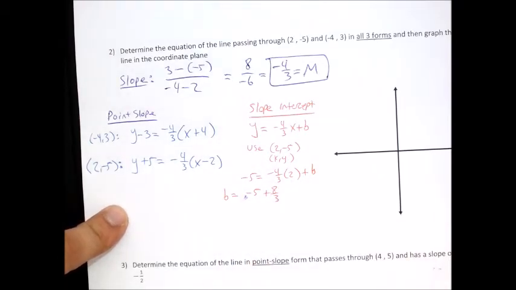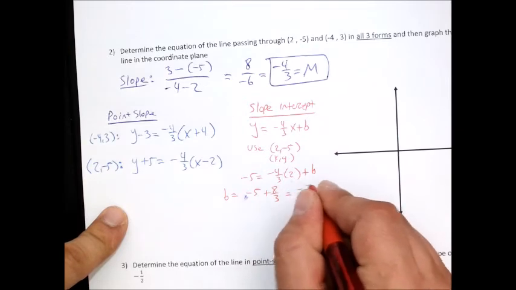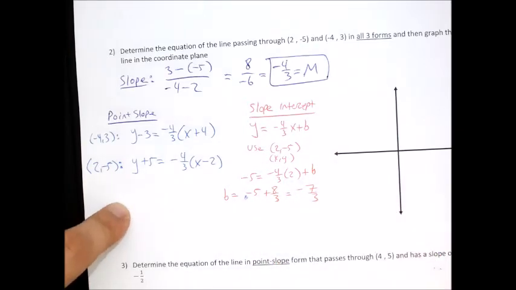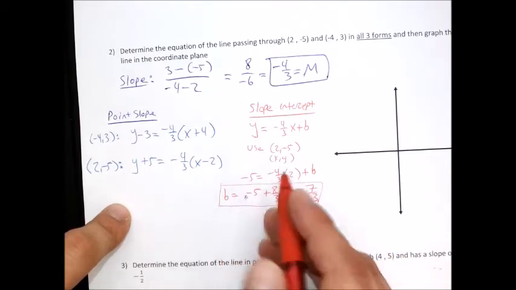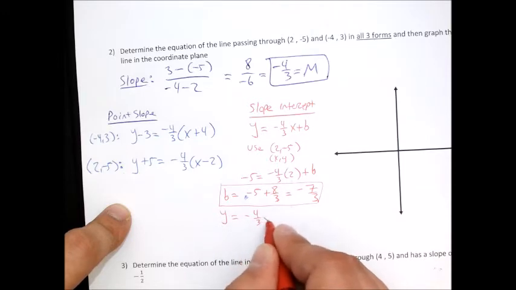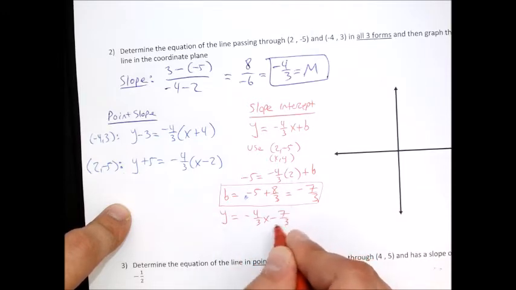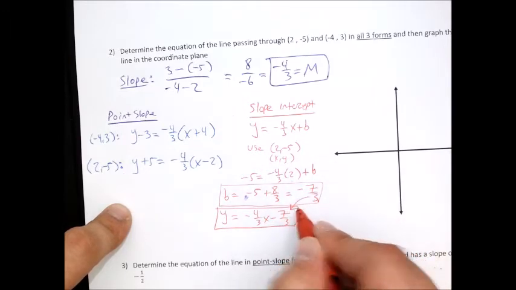So minus 5 becomes minus 15/3, right? Minus 15/3 plus 8/3 is minus 7/3. And so this is my b. And so then I just plug it back into the equation and we get y equals minus 4/3 x minus 7/3. So that b went right into the b spot.